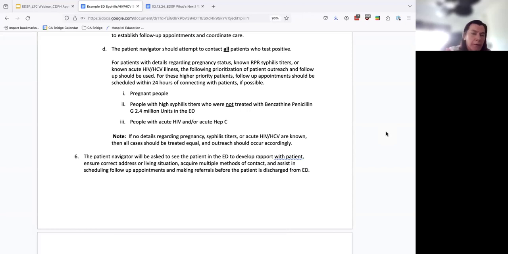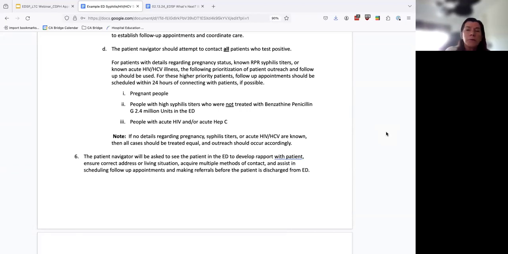So number one priority should be any pregnant people because of the risk of transmission. So those individuals you want to get treated for syphilis, for HIV right away. And so getting them immediately linked is critical.